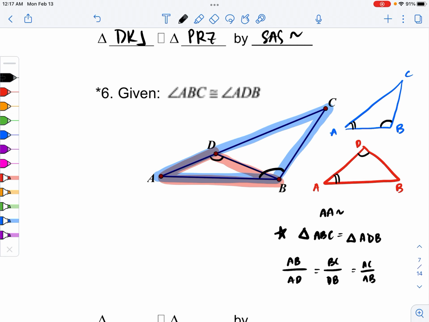We have to be very, very careful when we are solving using this type of proportion problem.